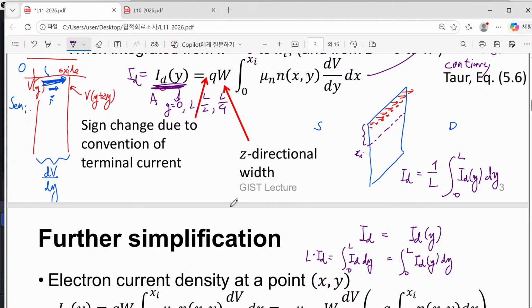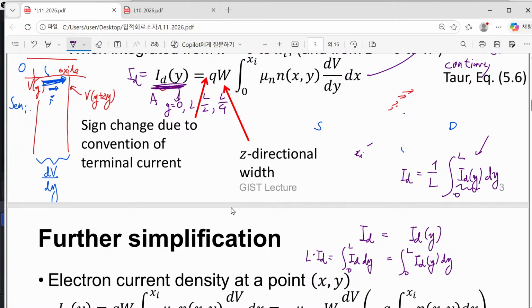This is nothing but showing the constantness of this quantity. If this quantity is not a constant, then we do not have this equality. But due to the electron continuity equation, we know that ID is actually a constant, and we can do it this way. Are you all with me?